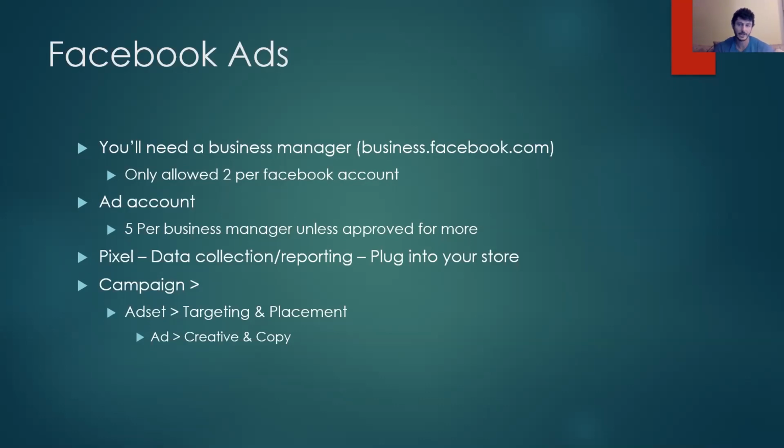Now, when you actually want to get into the advertising part of this process, the ads are broken down into 3 levels. The way I generally organize, a lot of it is organizational, the first thing you do is you create a campaign. And that campaign is for 1 product. Okay, so maybe you have 5 products that you want to run ads for.